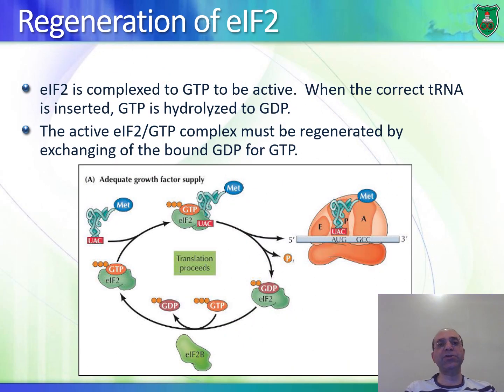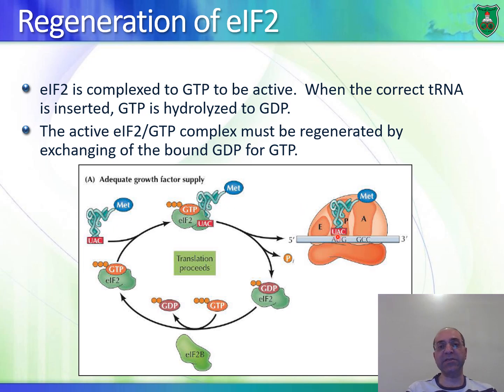There's one initiation factor that I want to specify in addition to initiation factor 4G and 4E, and this initiation factor is number 2. This initiation factor is bound to GTP, so it's a source of energy, and it is responsible for bringing the first tRNA to the small ribosomal subunit.